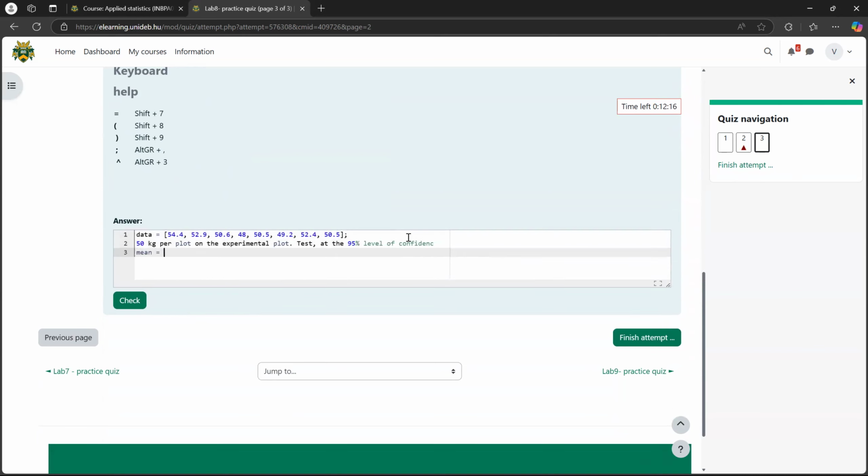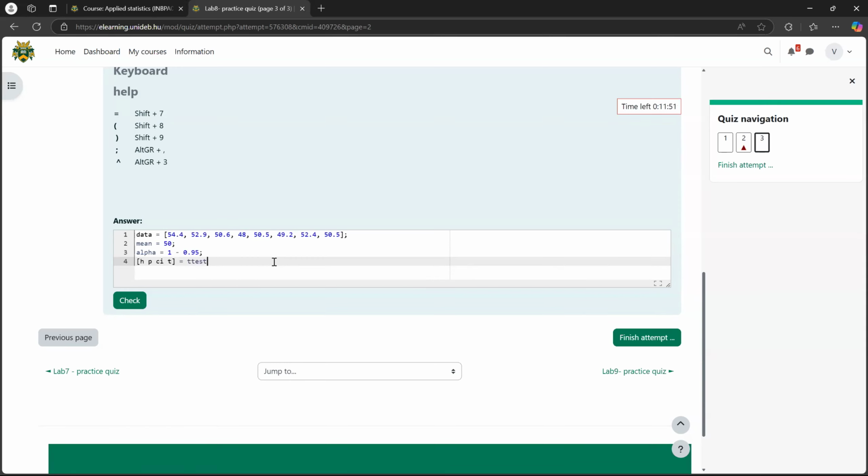Okay, mean is equal to 50. Alpha is equal to 1 minus 0.95. Now we have all the values already. Now we can go for the t-test. We take the parameters h, p, confidence intervals, t value, equal to t-test.